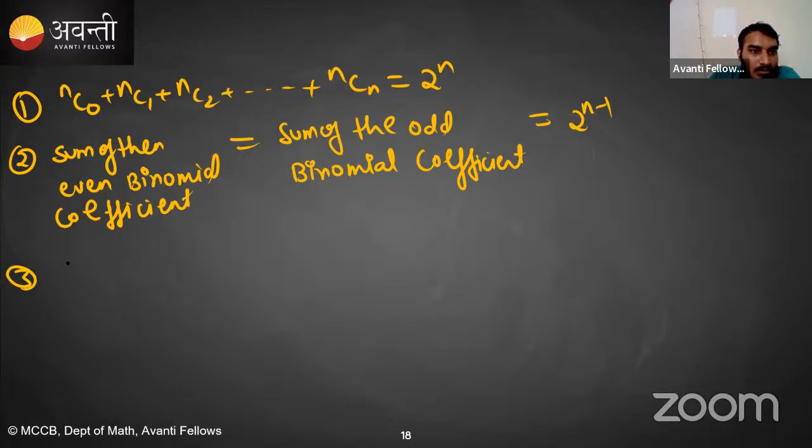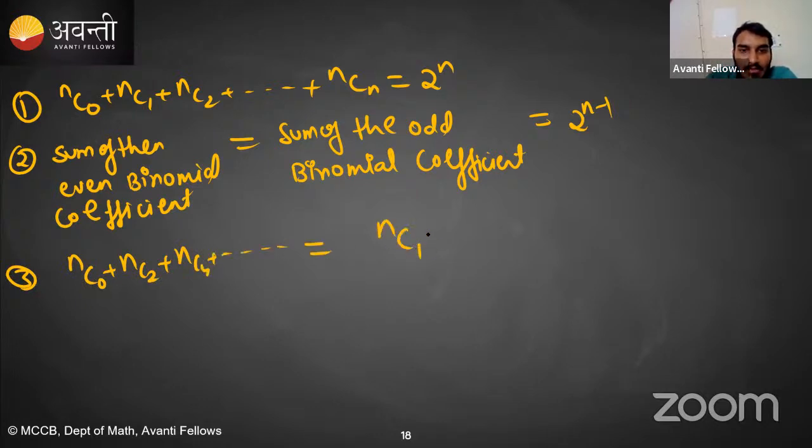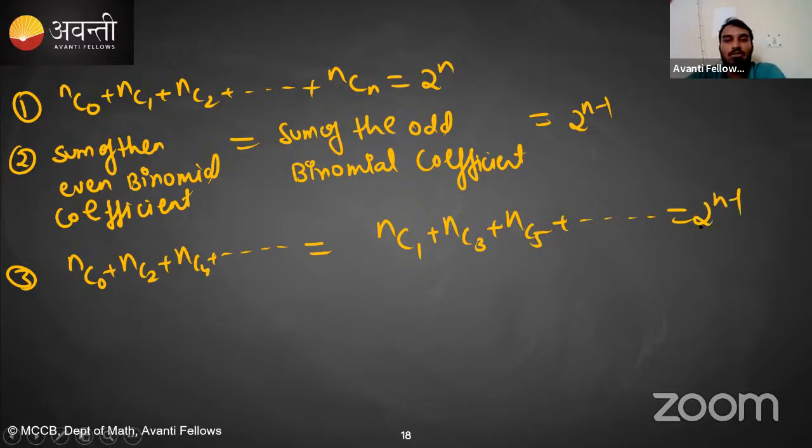That is, nC0 plus nC2 plus nC4 is equal to nC1 plus nC3 plus nC5 is equal to 2 raised to the power n minus 1. So these three things I have just told you.